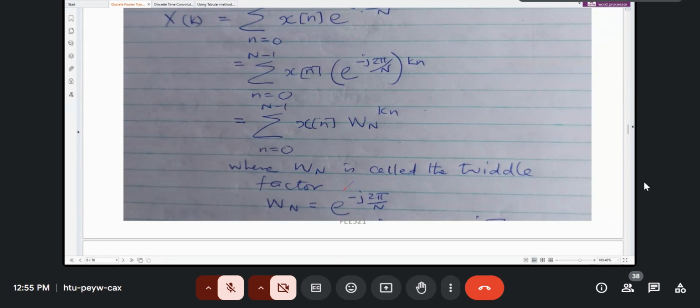Once you are able to work out W_N, it becomes very easy to just keep raising it. And this W_N for a particular length of samples does not change. It remains the same.